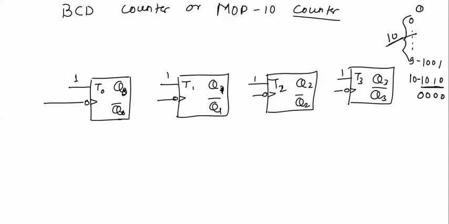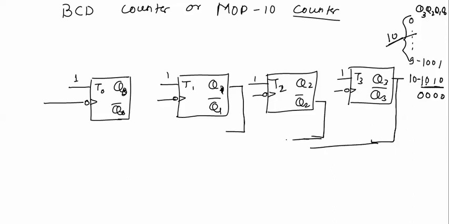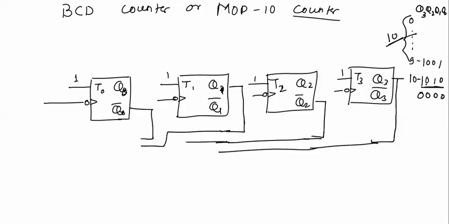For this we have Q3, Q2, Q1, Q0 as 1010. So we will take Q3 because it is 1, Q2 bar because it is 0, Q1 because it is 1, and Q0 bar because it is logic 0.